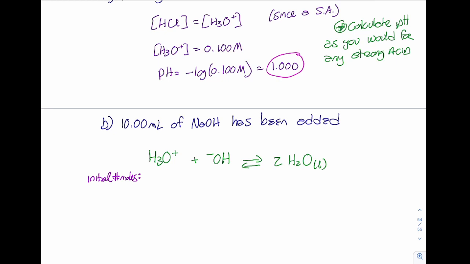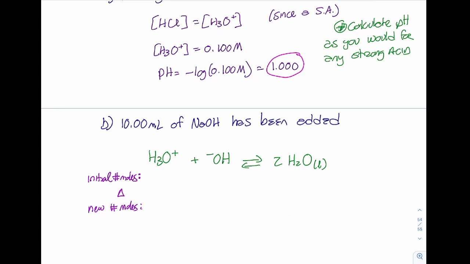I'm not going to. I'm going to have my change, and then my new number of moles. Be really careful. What we did before is we put brackets around stuff, but that meant concentration. I'm not using concentration anymore. I'm using moles. Those brackets are molar concentration. I'm not doing moles per liter or millimoles per milliliter when I make this change table. I'm doing the number of moles or the number of millimoles.